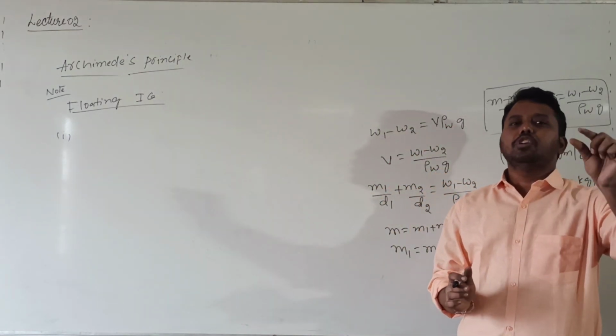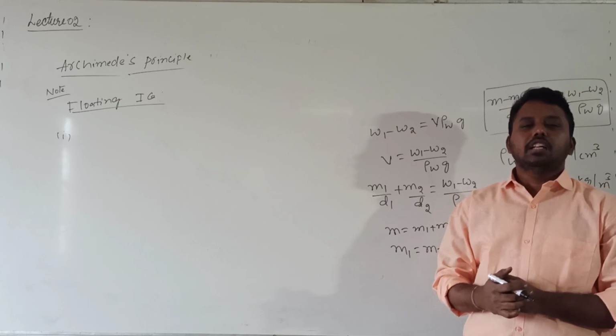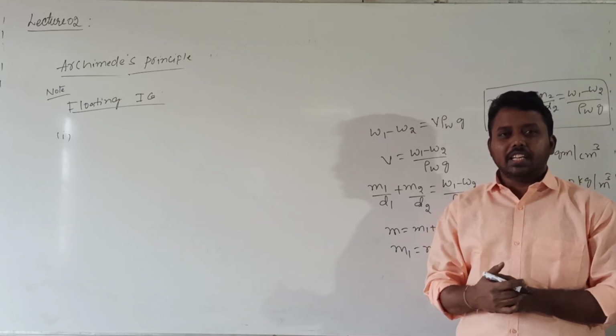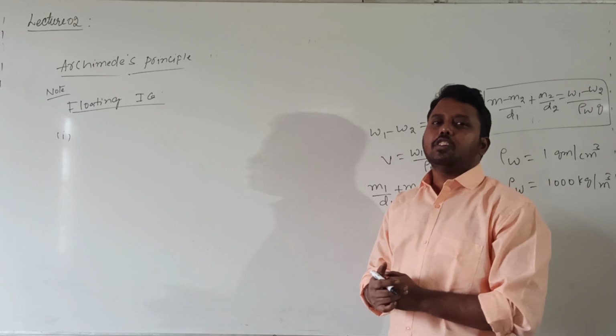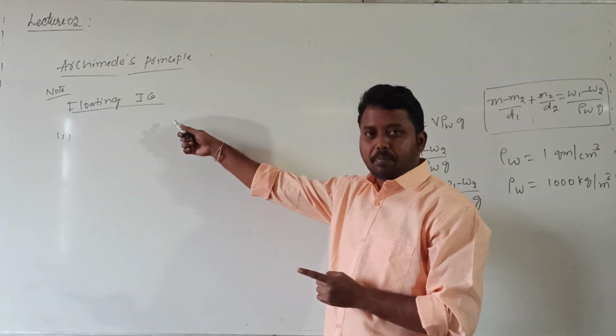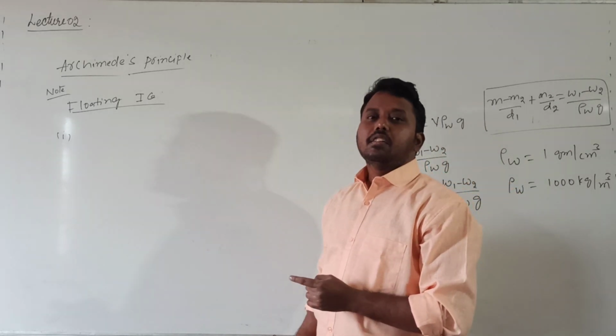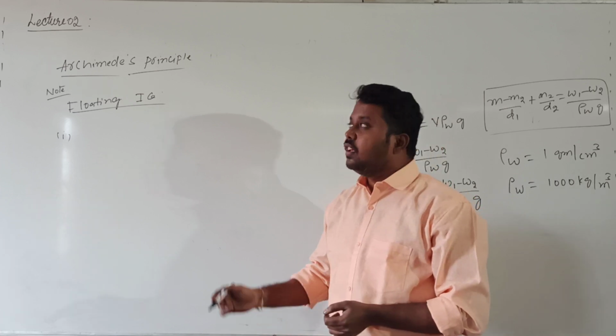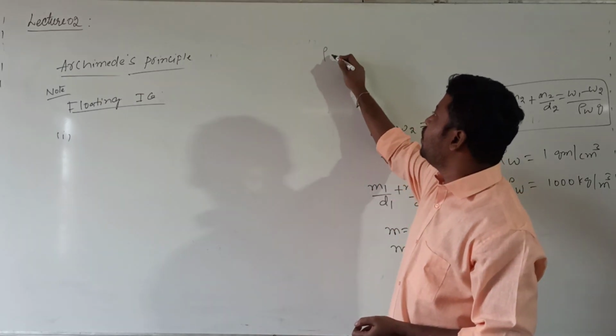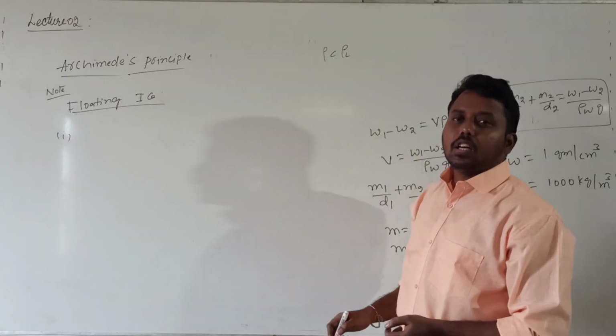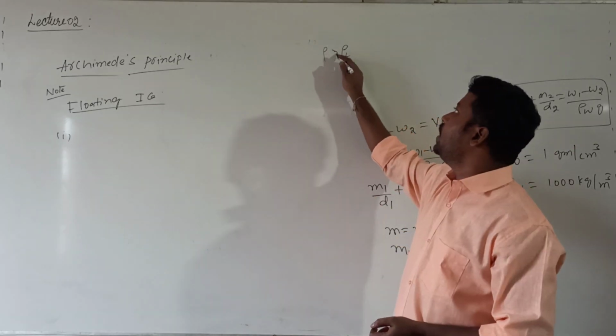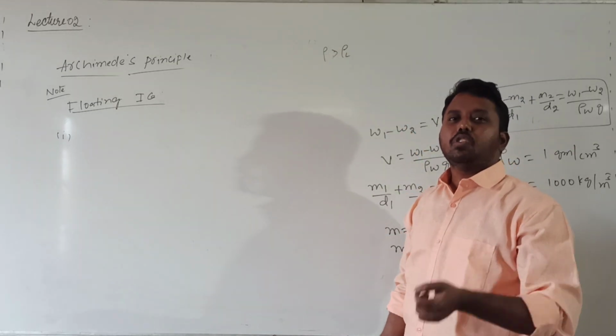You have taken one ice cube and thrown it in water. Then what happens? It will float initially. Density of ice is less than the density of water. But to understand this point, you should know the laws of flotation. If rho value is greater than rho L, the body will sink completely without floating.